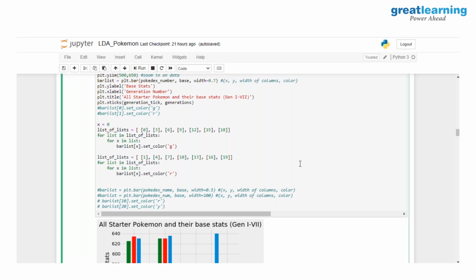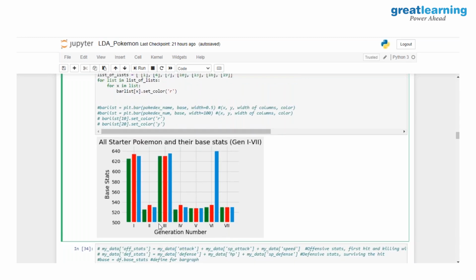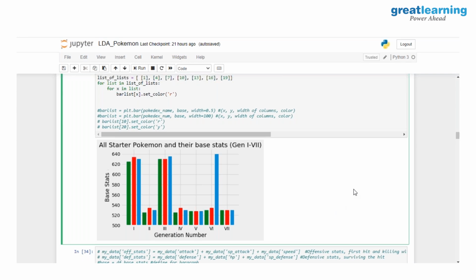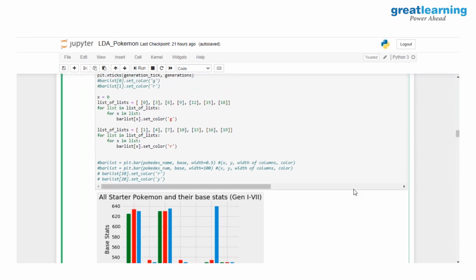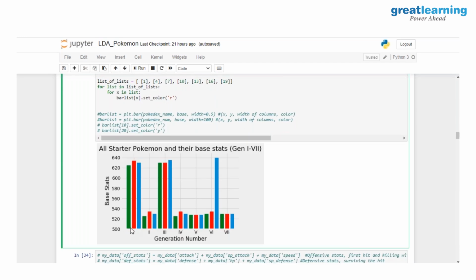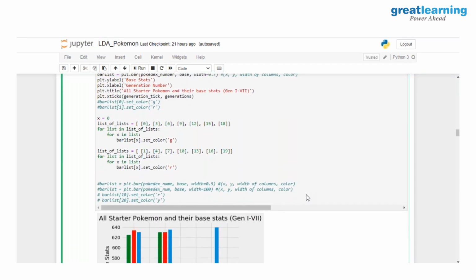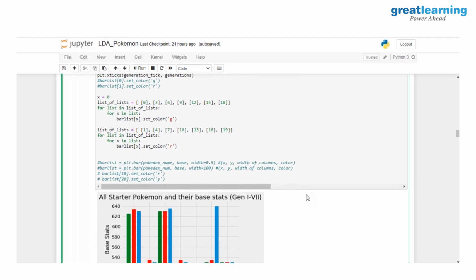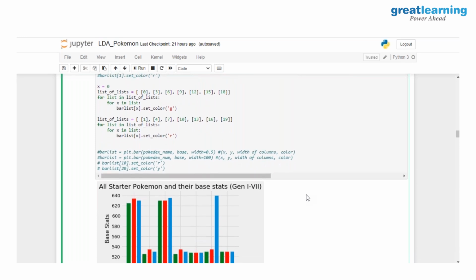what are their base stats values? When we say the base stats value, we are trying to plot the base stats with the generation number and their values plotted against it. So you see in the first generation, I'm just trying to give you the colors, the green and the red.